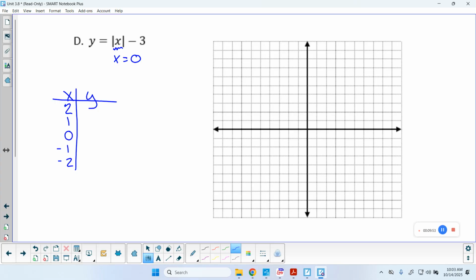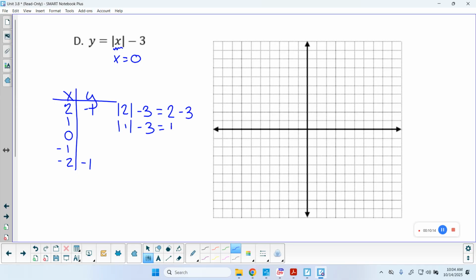So plugging 2 into x, absolute value of 2 minus 3. The absolute value of 2 is 2. 2 minus 3 gives us -1, which means for the x value of -2, y will also be -1. If we plug 1 into x, absolute value of 1 minus 3.